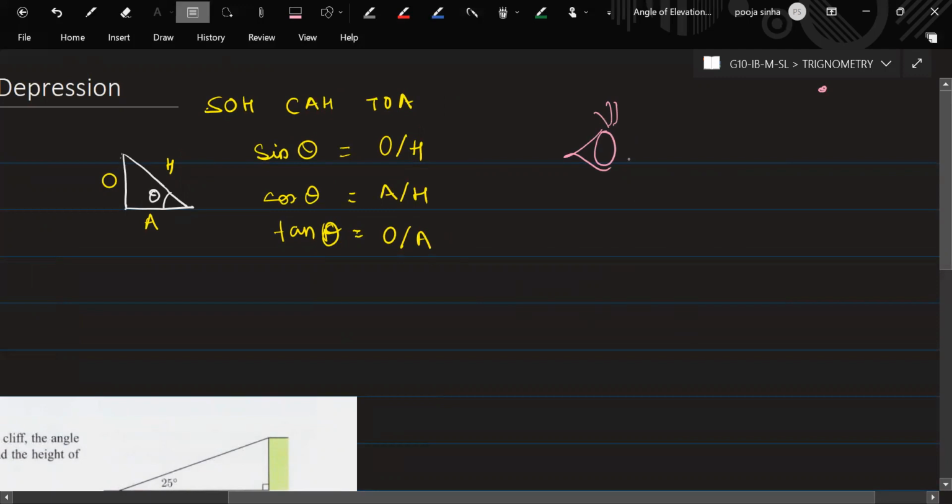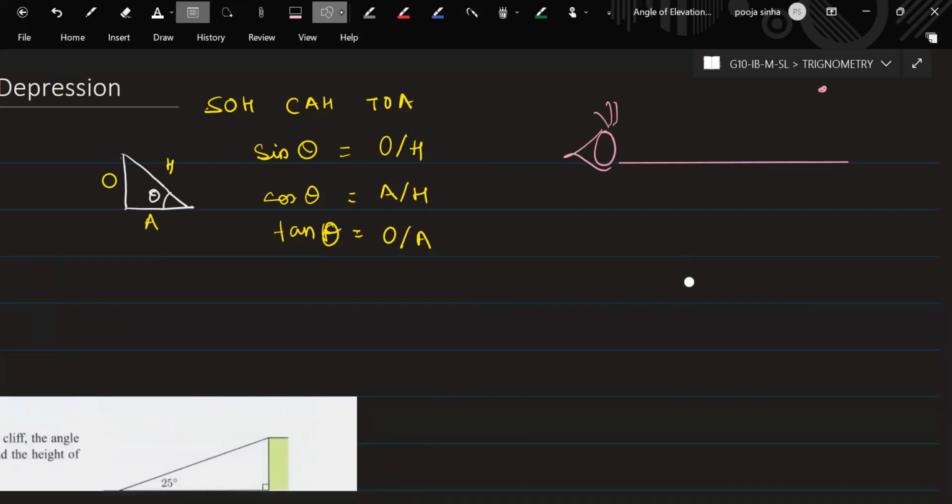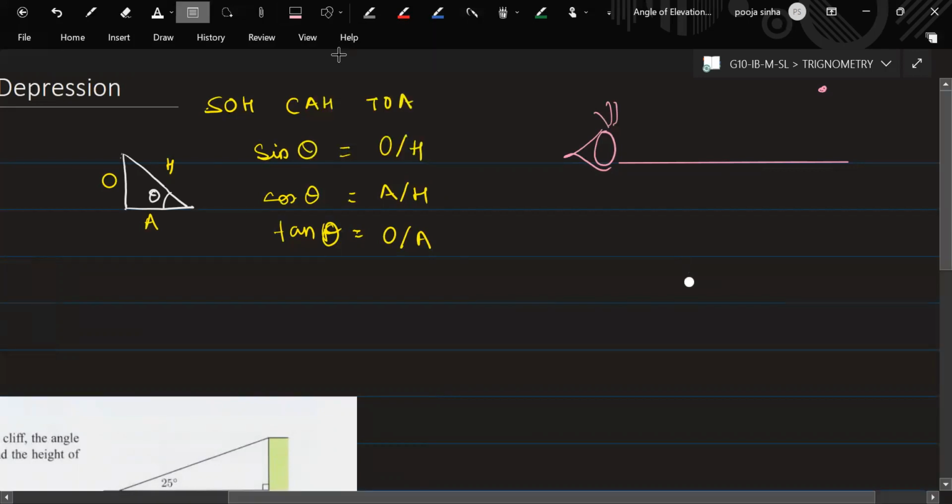Whenever we do that, we always make a line called the baseline, or your reference line. Then we make an angle towards this particular thing that you want to see.